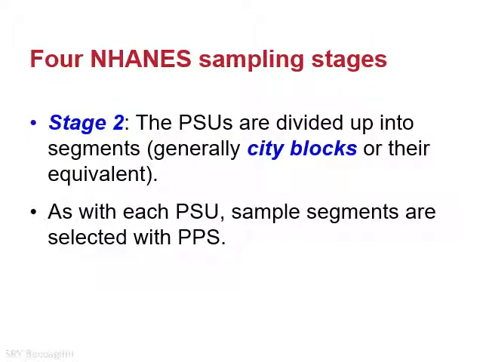In stage 2, we're going to look at city blocks typically, and again, not everybody in the county will be selected, but within each county we will select specific city blocks that will be eligible to participate.